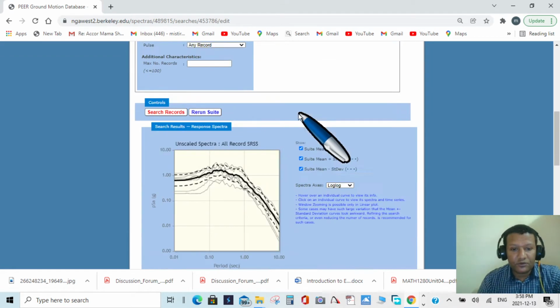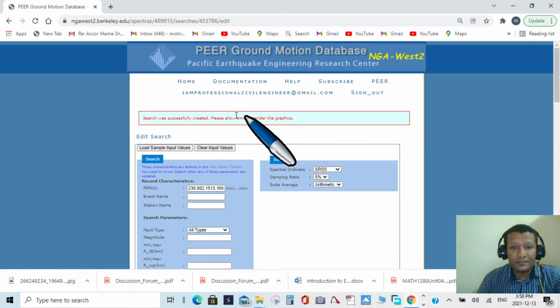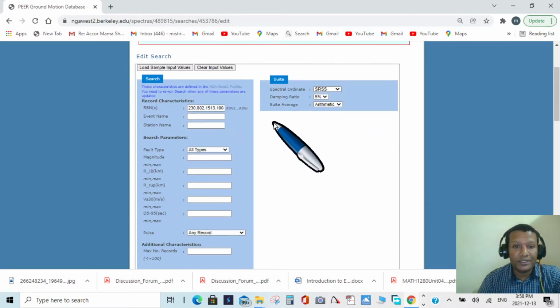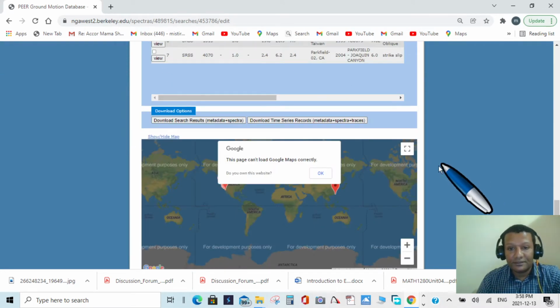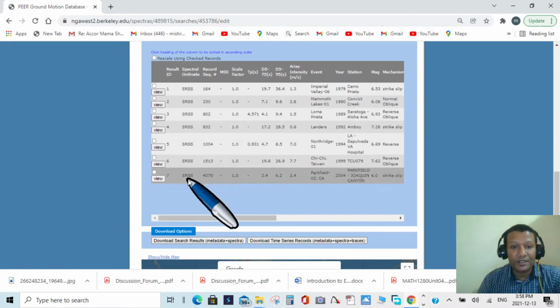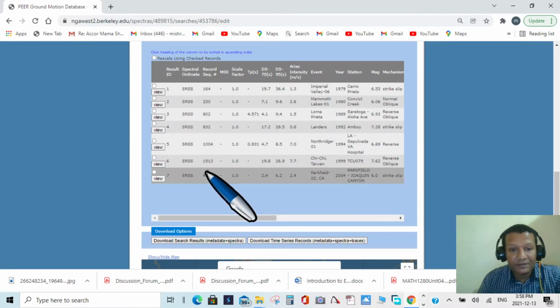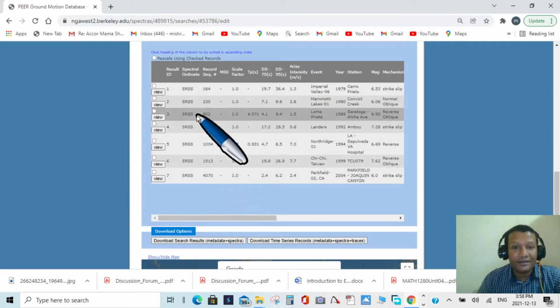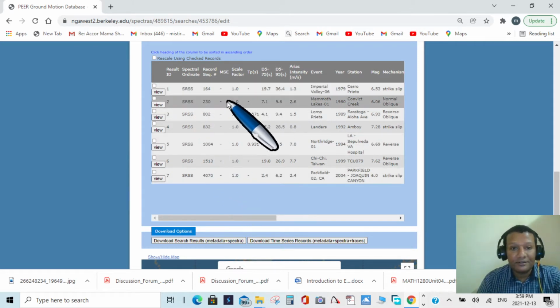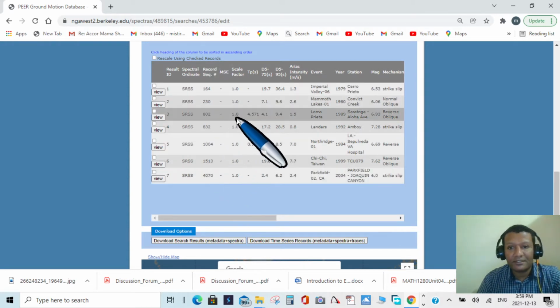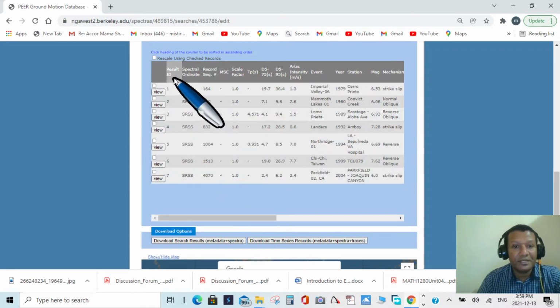So this is for us. Once it is finished, it will give us results. This is 7 earthquakes, as you can see. Now we have 7 because I put in the RSN numbers directly. As per the RSN numbers, it directly gives me the records.